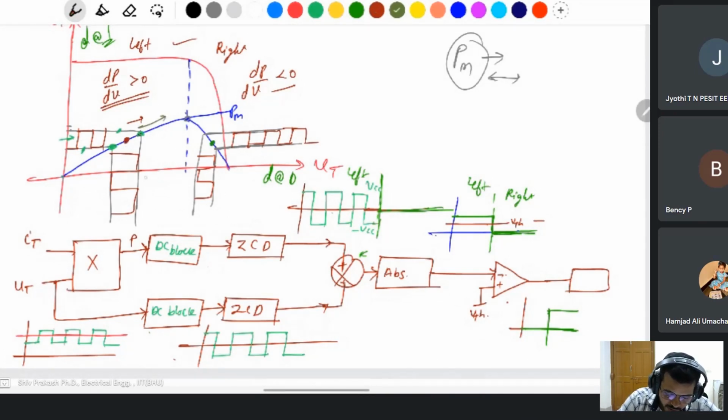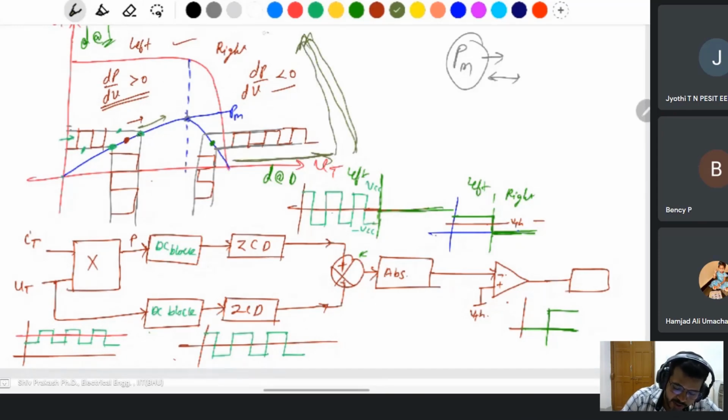It means increasing the voltage and increasing the power. To increase this, the duty cycle should be increased from here to here. If you increase this, the power will increase. This will be a load line. The load line goes from here to here.